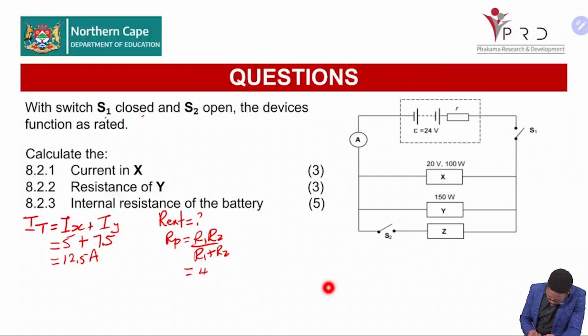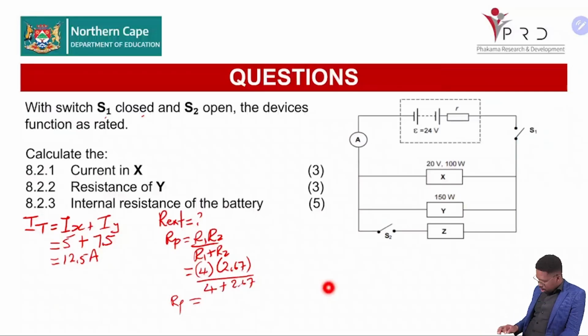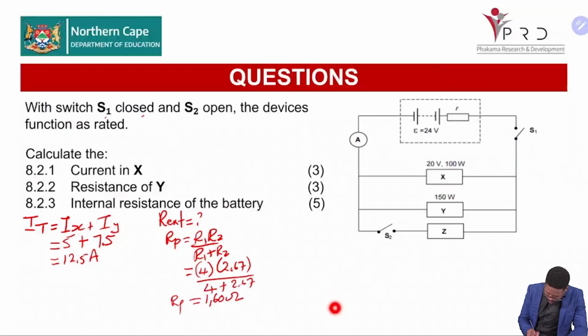And the R of Y was 2.67, all over 4 plus 2.67. Then what is your Rp? We all perform the calculation: 4 times 2.67 divided by 4 plus 2.67. Then you'll get the answer. Resistance in parallel will be 1.60 ohms.